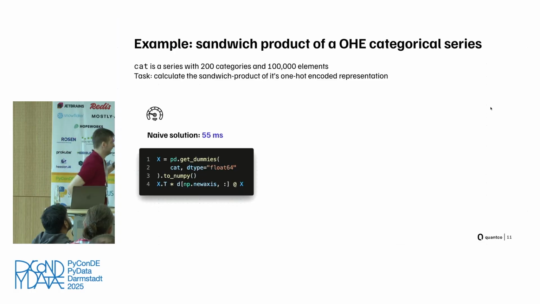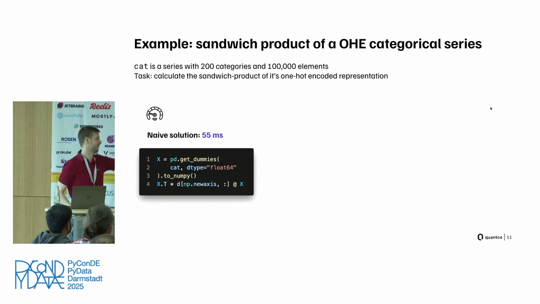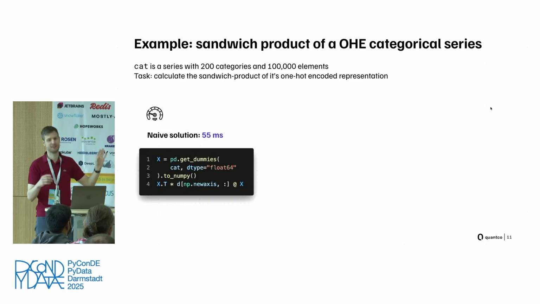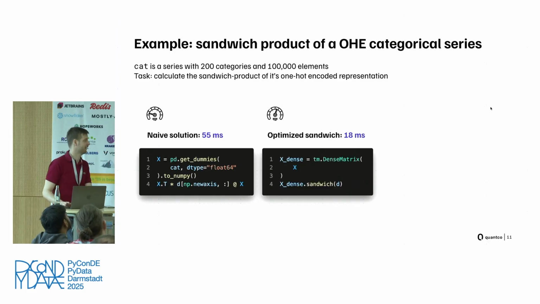The timings only relate to the actual product part, not the get dummies part. So if we convert it to a NumPy matrix and calculate X prime diagonal X in a naive way, which is not that naive to begin with, because it's not an actual diagonal matrix, we multiply it as if it was a vector, so it's already slightly optimized. It takes like 55 milliseconds. The absolute value is not important, just relative values, of course.